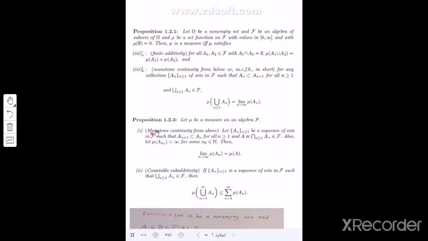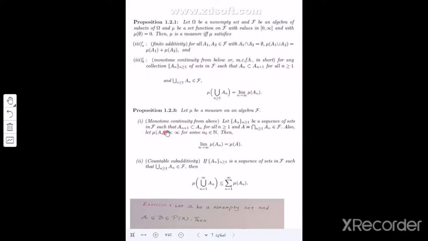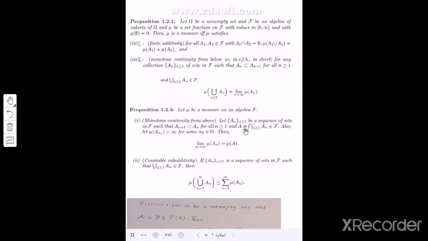After this proposition, we have this proposition. You see two other properties of measure. Monotone continuity from above. See here, from below, from above. In this property we have An with this condition.